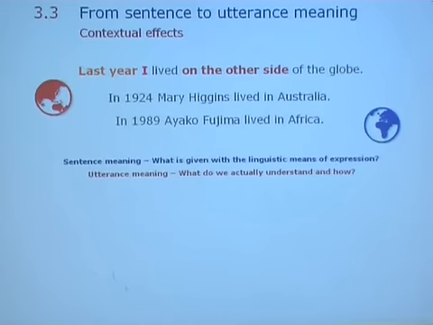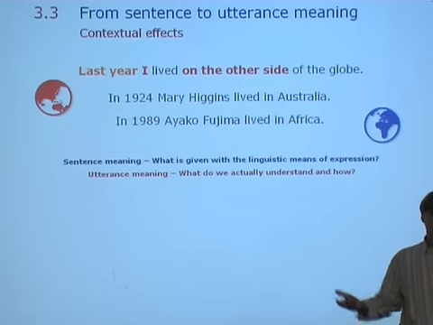But when you look at what people do and how they understand sentences, you would have to say, well, the picture is richer, and we need to take into account context. To illustrate this, let's have a look at these two sentences, or three actually. "In 1924, Mary Higgins lived in Australia." Well, who? Mary Higgins. Okay.